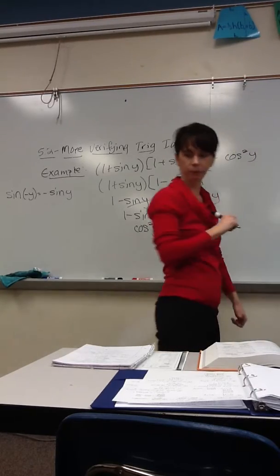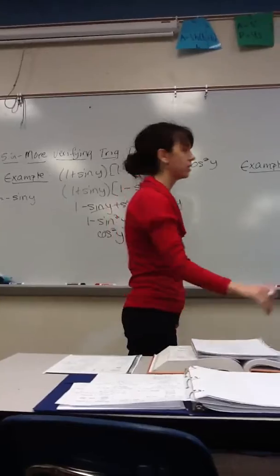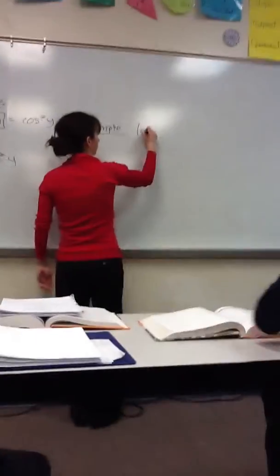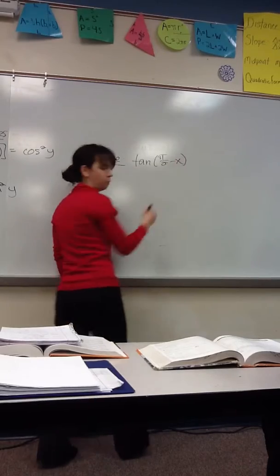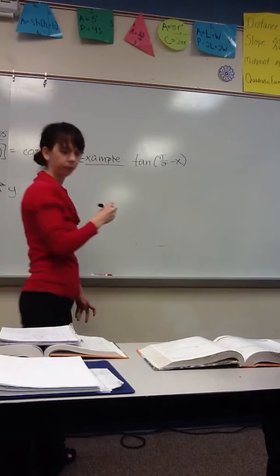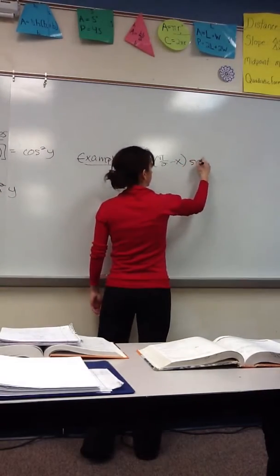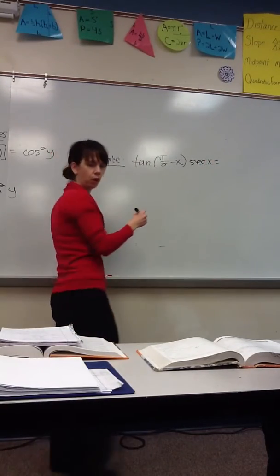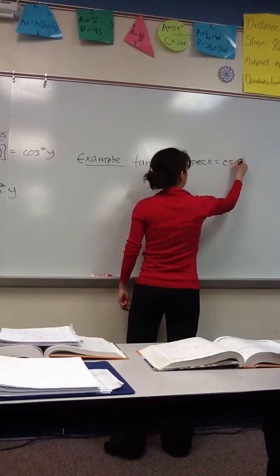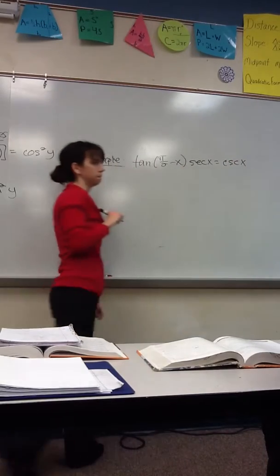Another example. The tangent of pi over 2 minus x times the secant of x is equal to the cosecant of x.